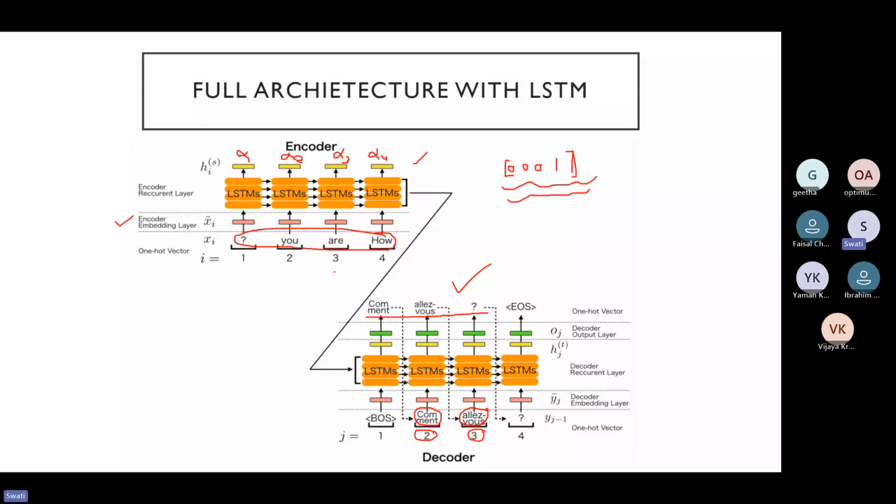Actually 1,000 is a small number. There could be more than 1 lakh words, 1 million words, which you have to translate. In that case, you can't make one hot encodings for all those 1 million words, so it is better to use word embeddings. You will learn more about these in the NLP module: what these embeddings are.